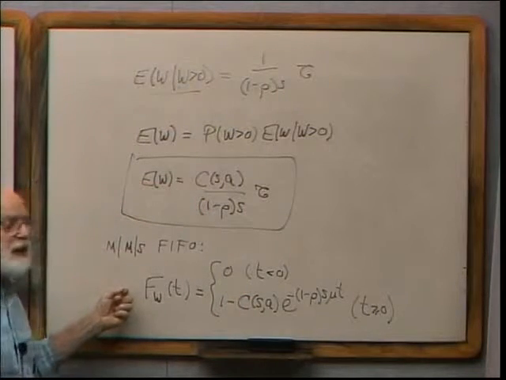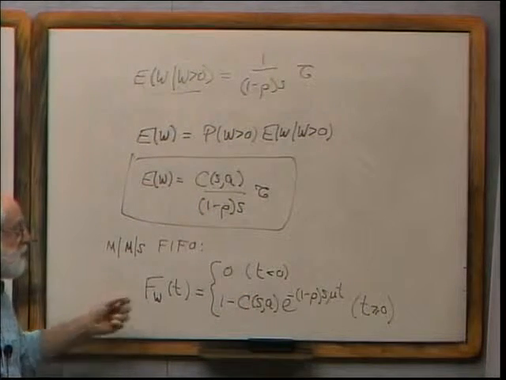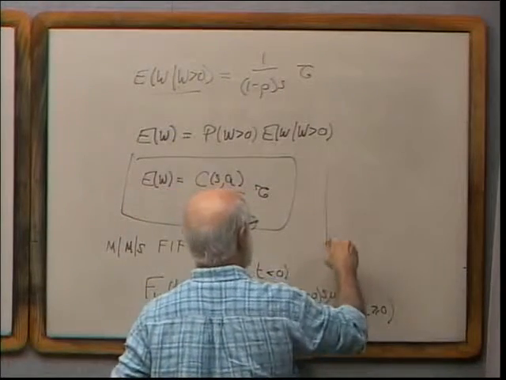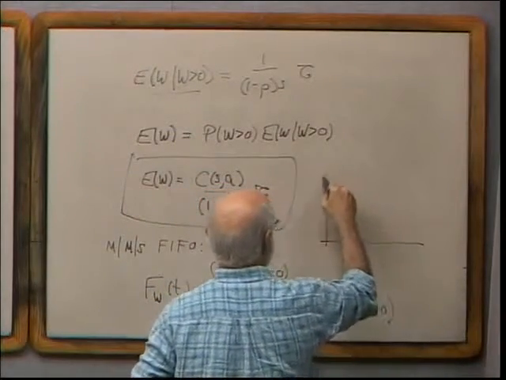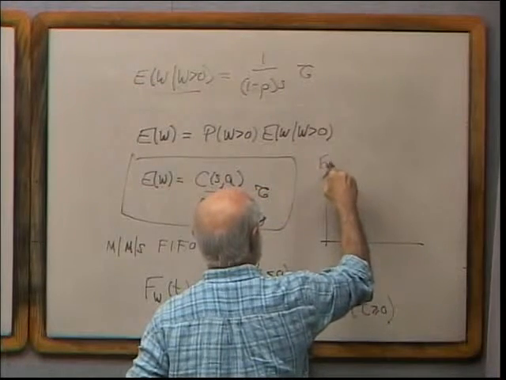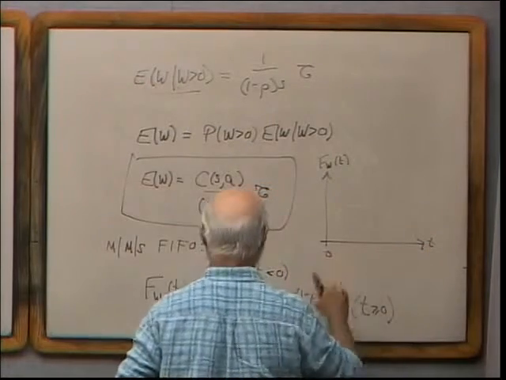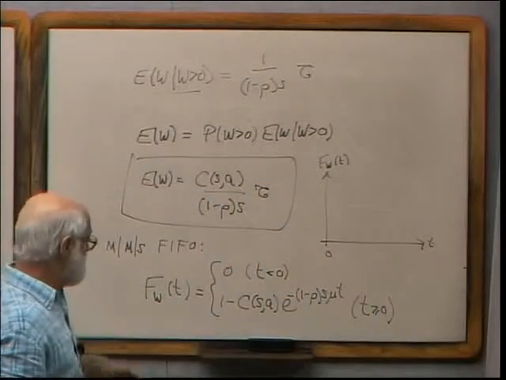This came out of an analysis. And if you draw this distribution function, you will see, here's what you get. Here is the distribution function of W evaluated at t. There's t. There's 0. When t is negative, the function has value 0.